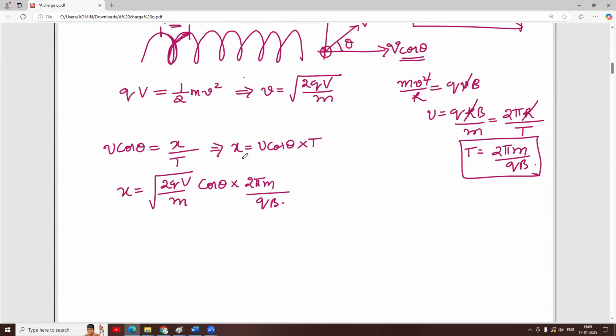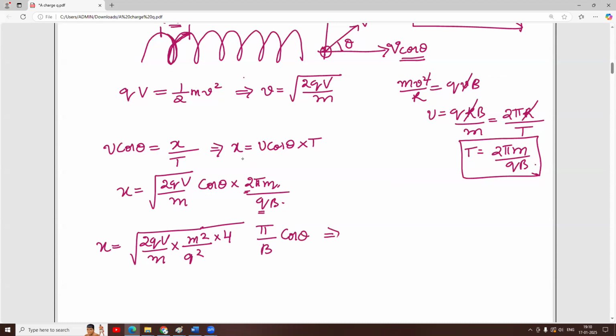Now we can simplify this formula. x is equal to, so you can bring this 2 pi m by q inside, so that you can use it along with the 2qV by m that we already have here. I can take this q as q square here, square root of, and m square here, m also taken inside, and you can take this as 4. The square root of 4 is 2, and the remaining things are pi and q taken, B not taken, pi by B, and cos theta.